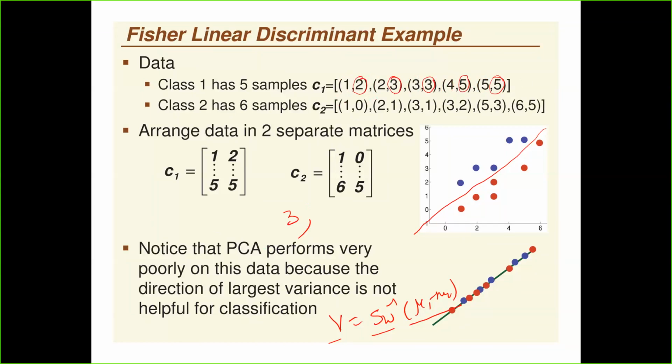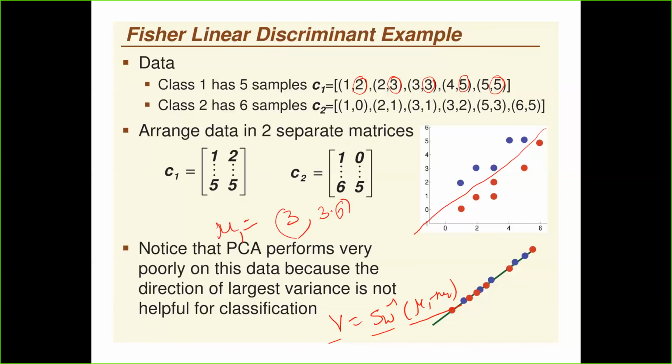What is the total? 18, divided by 5, 3.6. Okay, 3.6. So (3, 3.6) is mu1.